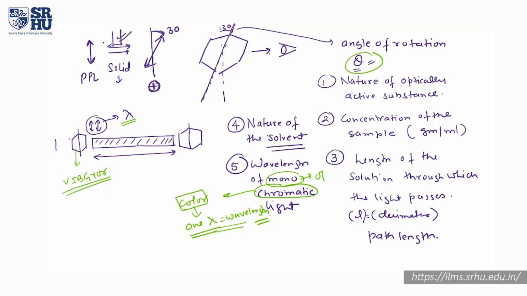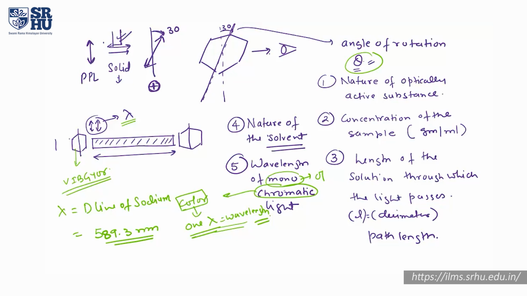Usually the lambda which we take is for the D line of sodium, which is 589.3 nanometer. So we usually keep this wavelength fixed at 589.3 nanometer.